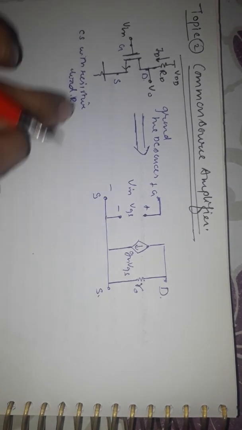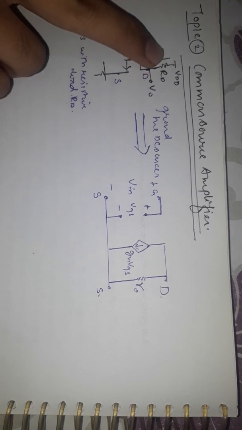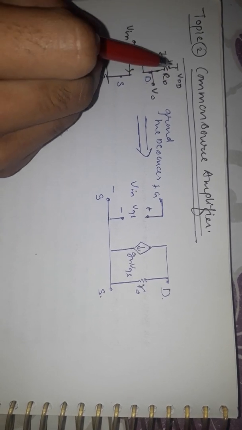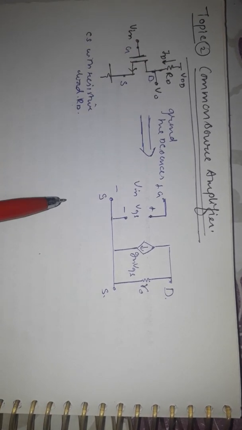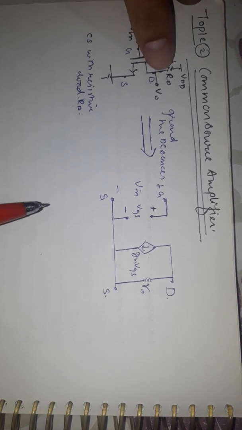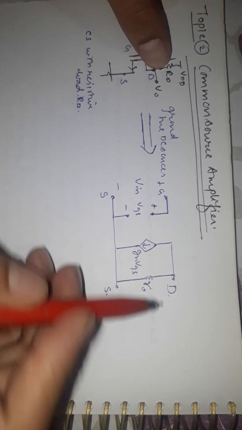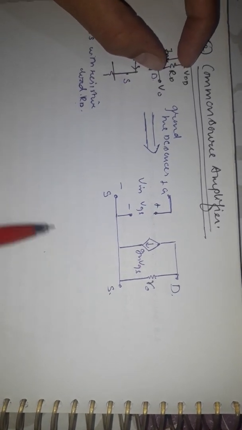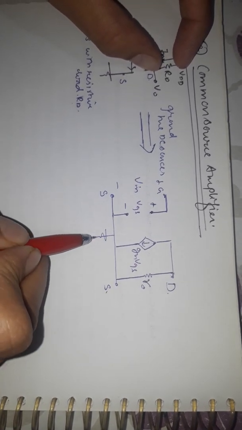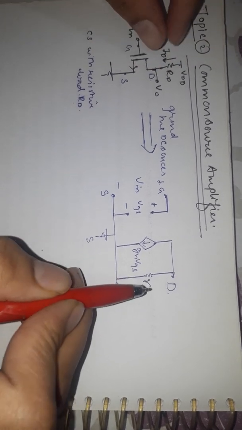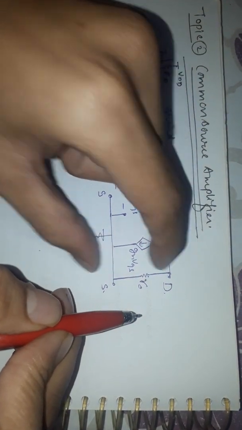And as we can see here, we have applied the resistive load RD. When we ground this VDD terminal, this point D, as you can see over here, and this ground terminal over here, so this RD will be placed between these two terminals.